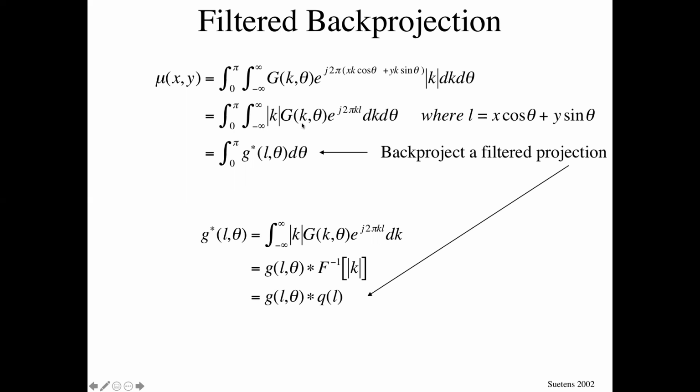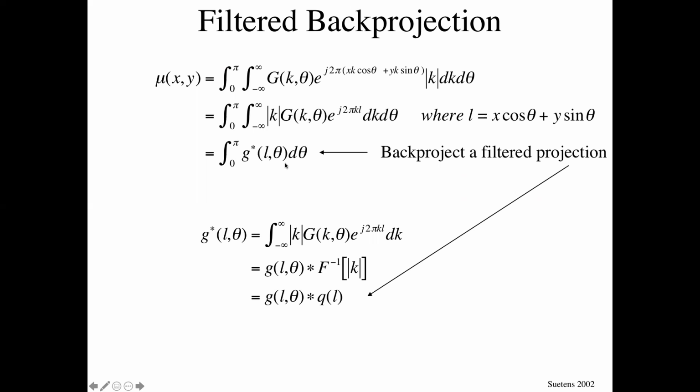And I can put k in front, and dk here, and I can look at this integral on its own. So I can take this integral first, across this sample, and it gives me this function here that we're going to call g prime, or g asterisk, L theta.